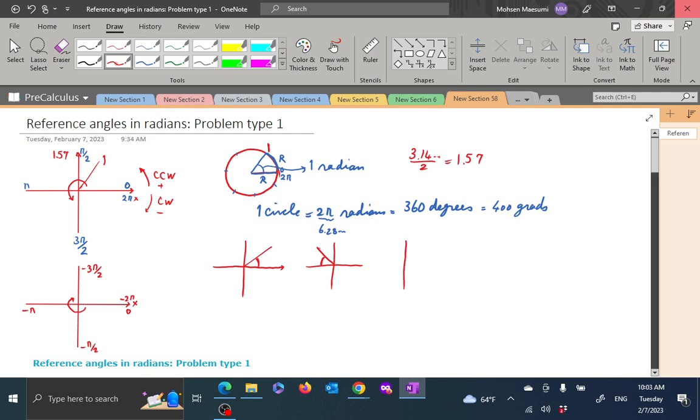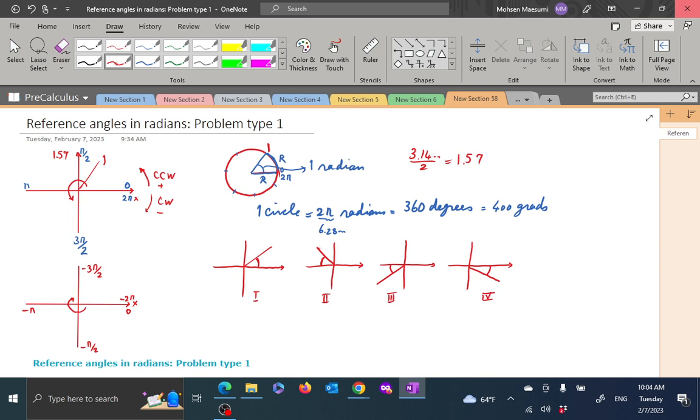If it had ended up in the third quadrant, then this would be our reference angle. And if it had ended up in the fourth quadrant, this would have been our reference angle. These are all measured from the x-axis in each case. So quadrant 1, quadrant 2, quadrant 3, quadrant 4. This is how we designate a reference angle.